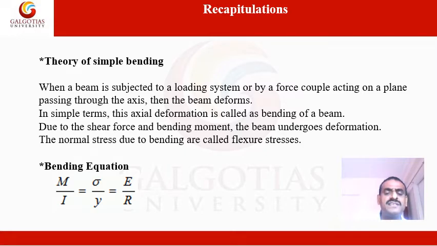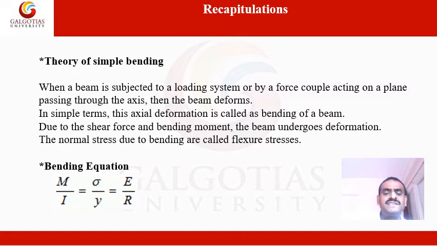Then sigma is the bending stress which is induced during the deformation. The unit for bending stress is Newton per meter square, where y is the distance of the neutral axis from the extreme fiber of the beam. The unit for y is meter.